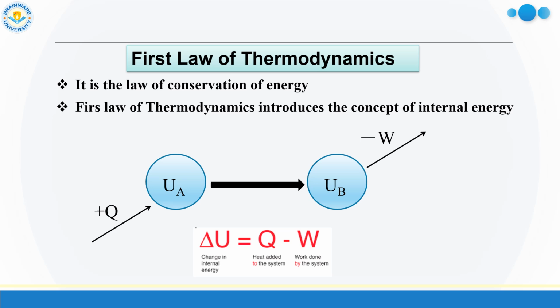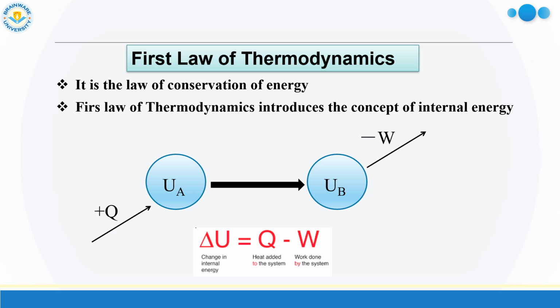Now let us describe the first law of thermodynamics. This is basically the law of conservation of energy, and this law introduces the concept of internal energy, which I have just described. For example, here I have pictorially represented two systems, system A and system B. System A has the internal energy UA and system B has the internal energy UB.